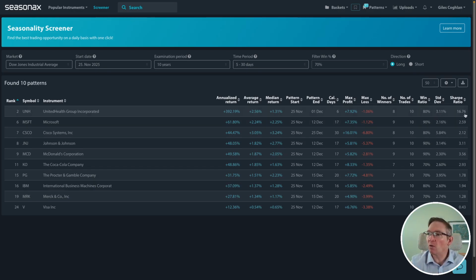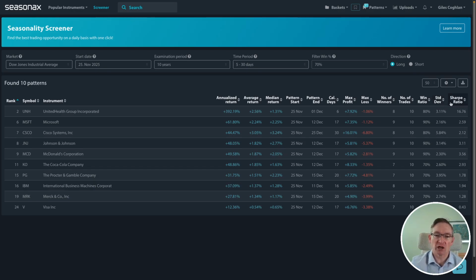So what you're looking for here is a low number, because a lower number indicates greater consistency. It's really essential for identifying patterns that are repeatable rather than just random. It helps you understand how spread out those returns are.